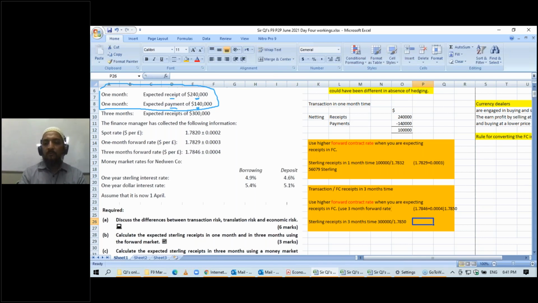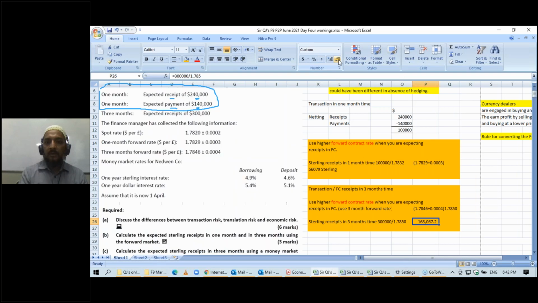Now this gives you the sterling amount, which is in local currency. So you are sure now how much you are going to receive in 3 months' time, which is 168,067 sterling. Okay, so this was the forward contract.